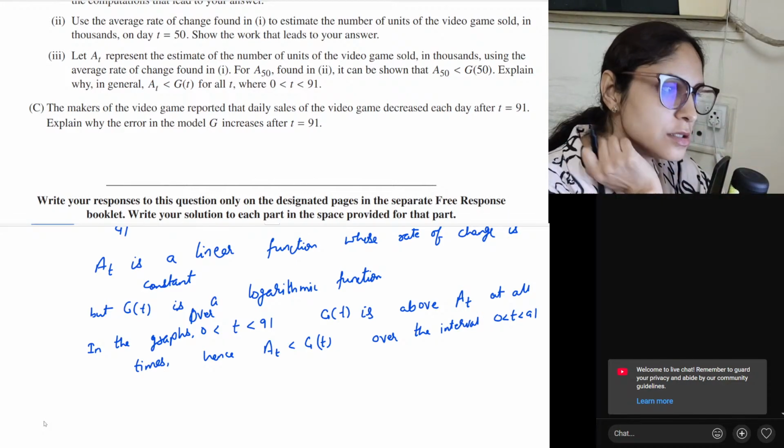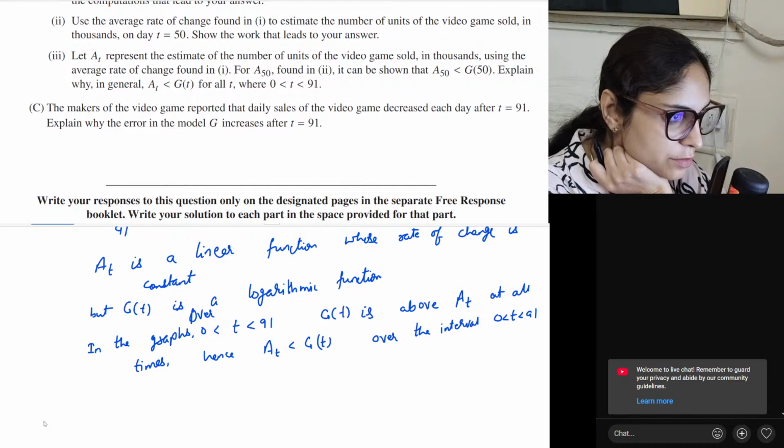The makers of the video game reported that daily sales of the video game decreased each day after T is equal to 91.